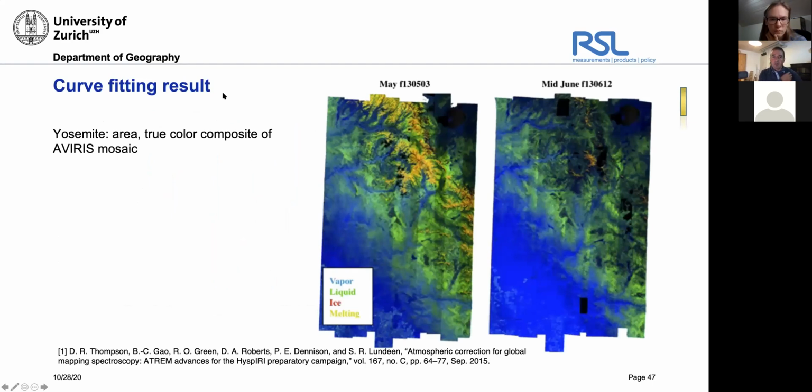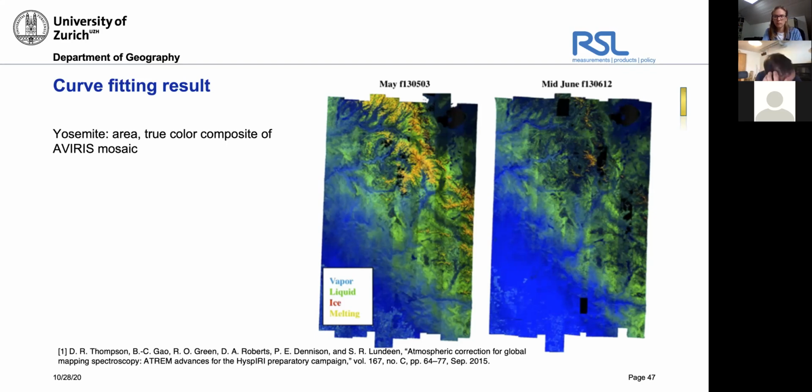Here's a result of the curve fitting technique where they have now put together the three phases of water: melting snow, ice, and liquid water, and the water vapor. So they get very nice results. One disadvantage currently is computing power, because you do a fitting for every pixel against a very large lookup table.